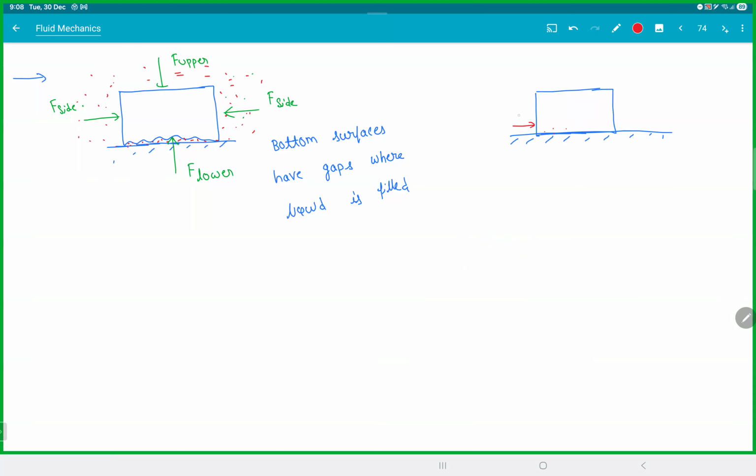Now here, if you see, there is no lower force. There are no spaces here. Now think about this. There is no upward force. Everything is pushing down. Buoyant force is not valid here. So if you want to use buoyant force, you have to make sure the bottom part is surrounded with liquid, so there's no upward force.